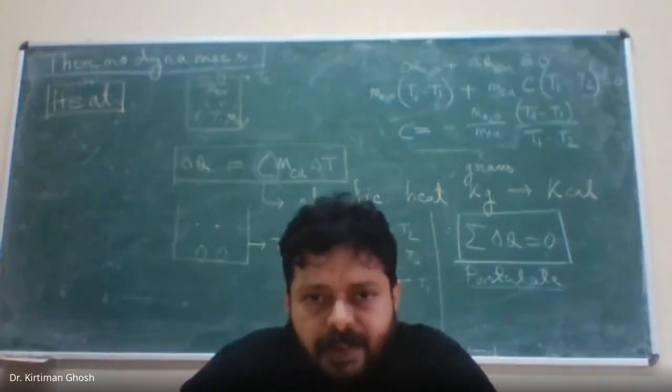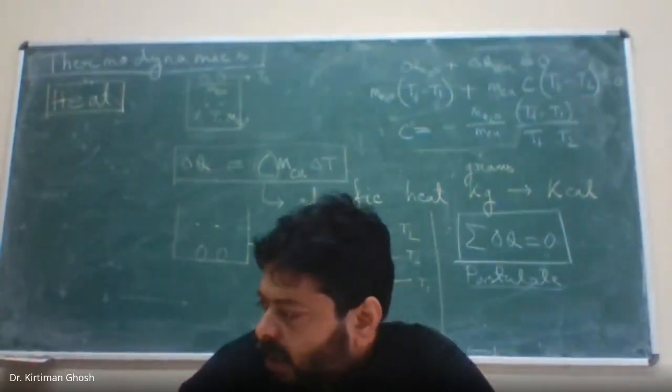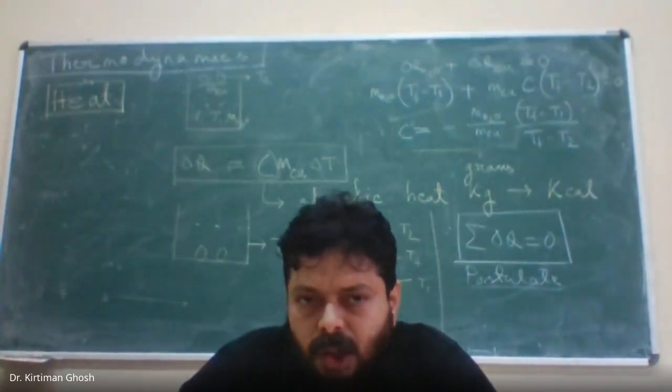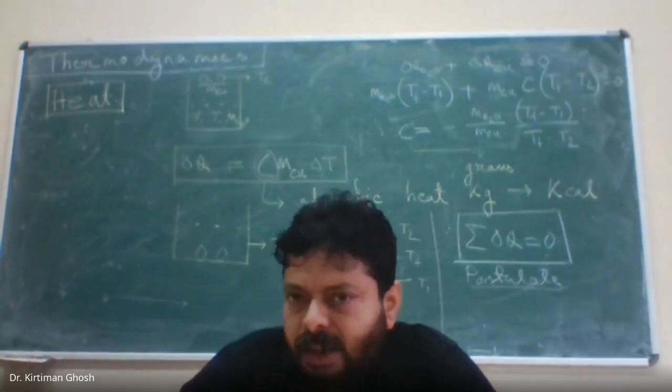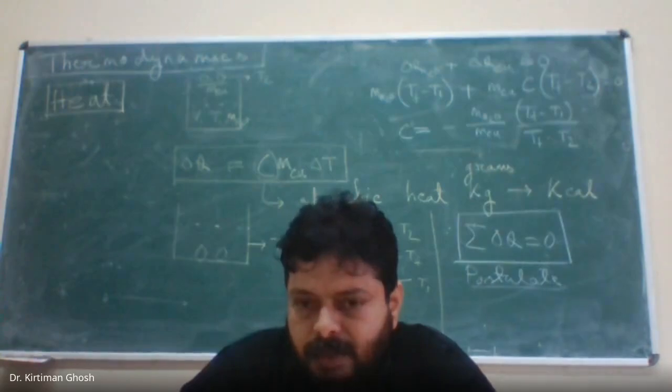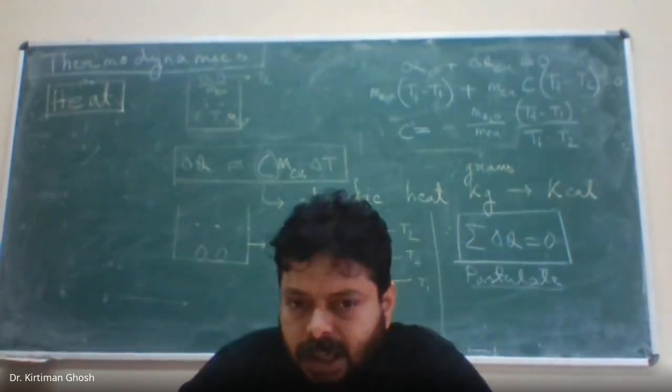No, sir, not yet. It will be done. Okay, so I will give a very brief introduction about those things, but those things are important. So your objective will be to study carefully chapter 1 and chapter 2 of Zemansky. Some part of chapter 2 I have covered, but there are other parts which I have not covered, that I will do in the next class.